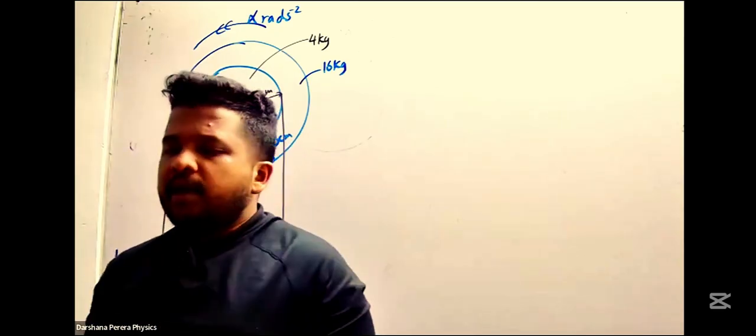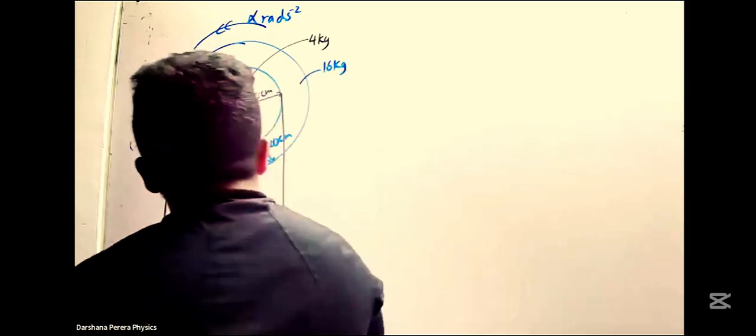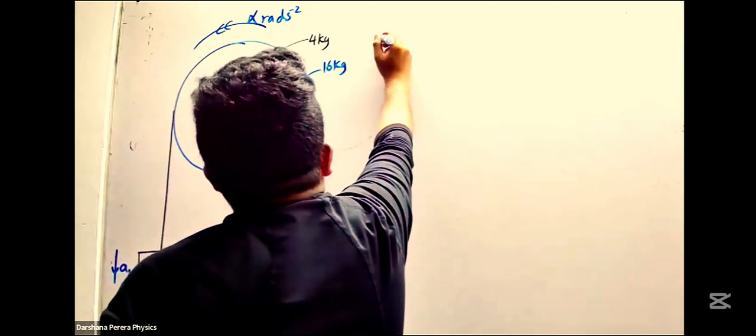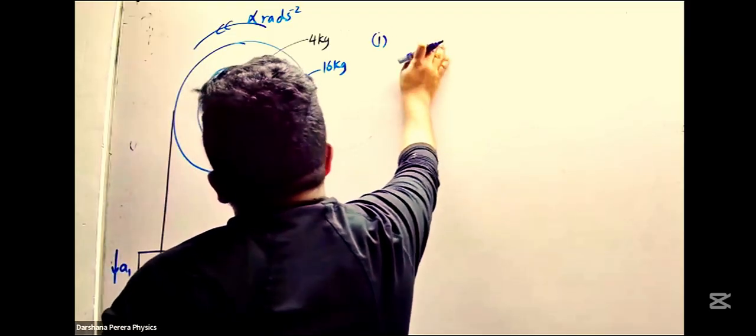Initially, we have to take the connection between a and alpha. Number 1, a equals R alpha.